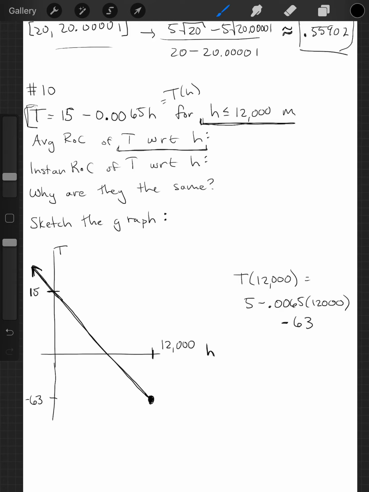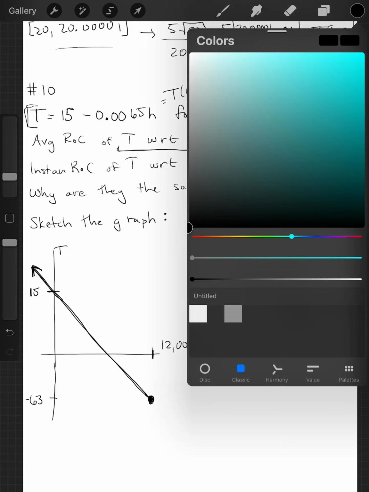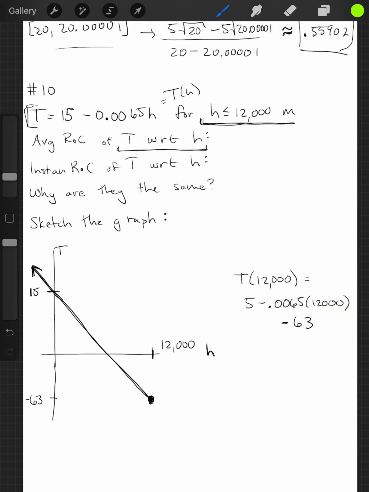And if we think about what average rate of change is, right, let me grab some colors here. Average rate of change wants us to pick 2 points on the graph and draw the secant line between them. Right? But if we pick 2 points on a straight line and draw the line that connects them, that's exactly the line again. Right?